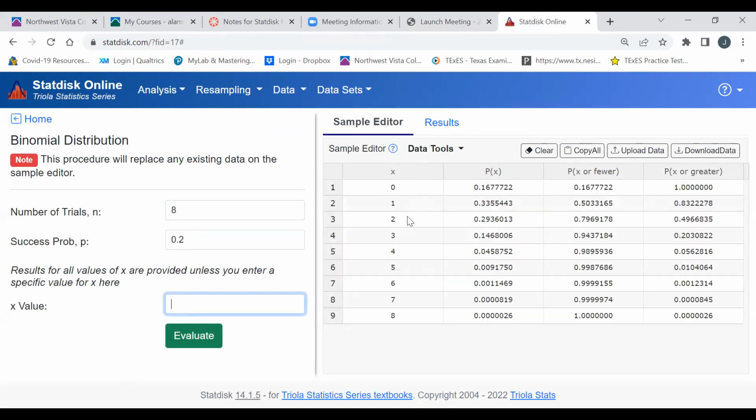I have to add those 3 numbers, just like we did in the previous section with at most and at least, where we used the shortcut with usual and unusual. We have to add the 2, the 1, and the 0. When I add them up, I get 0.7969178. If I round it off, that would be 0.797.